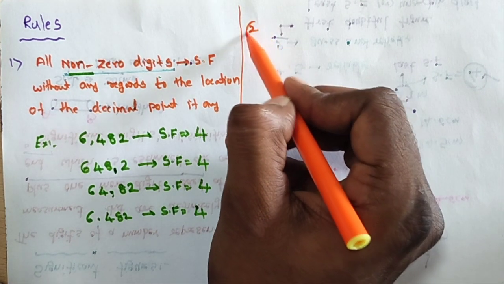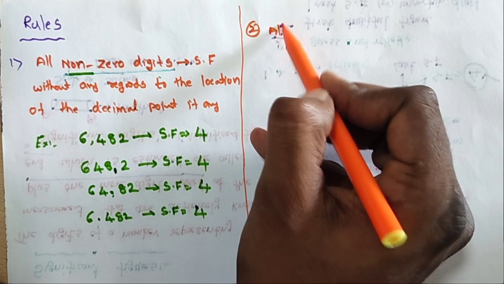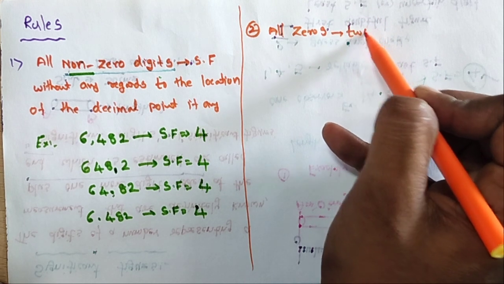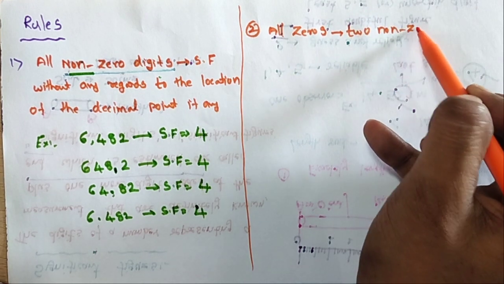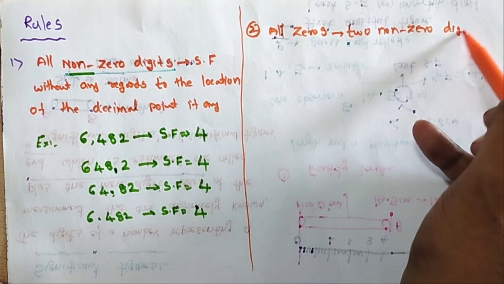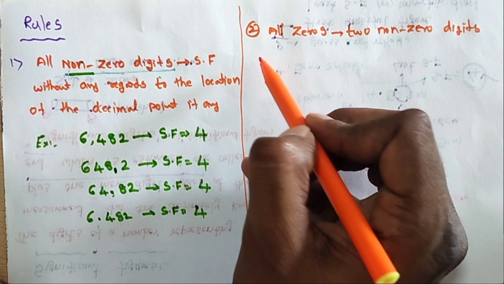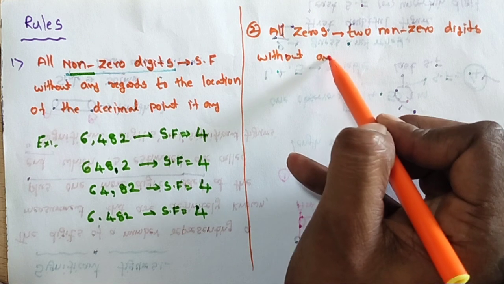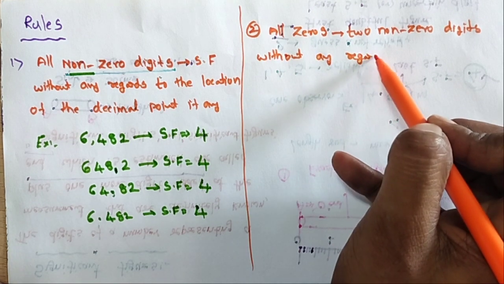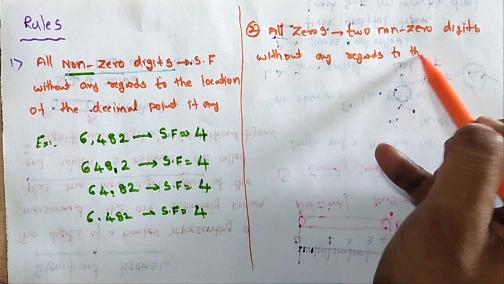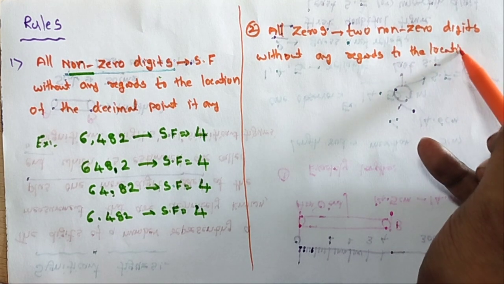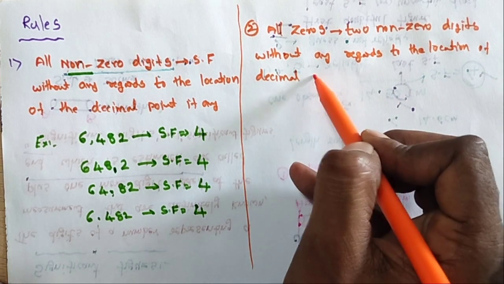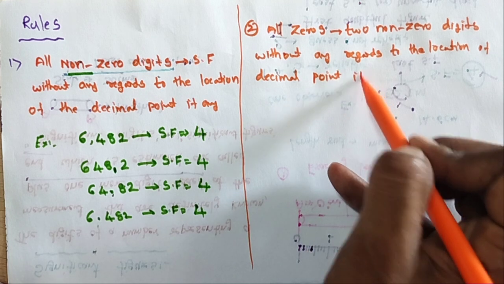And what is the second rule? All zeros occurring between two non-zero digits, without any regard to the location of the decimal point, if any.